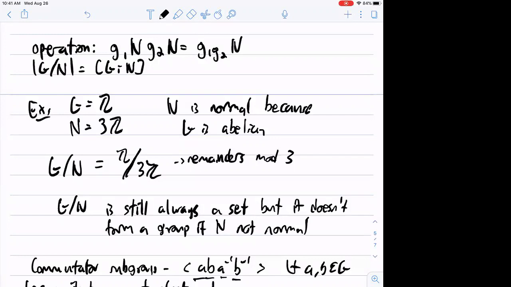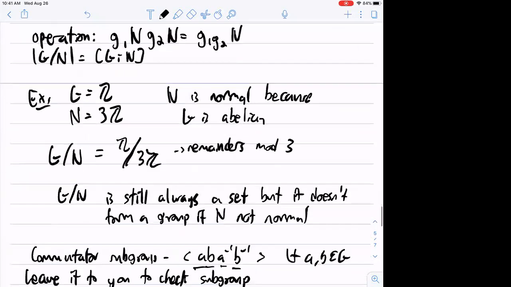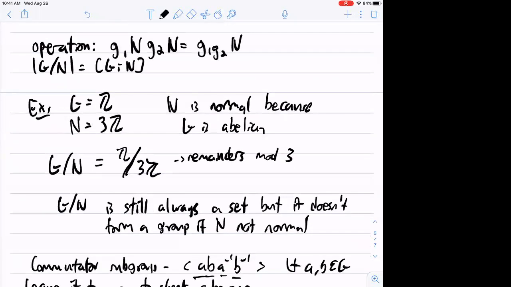That's because when you quotient off by N, the identity is eN, and in the integers the identity is 0. Everything you quotient out by becomes the identity.